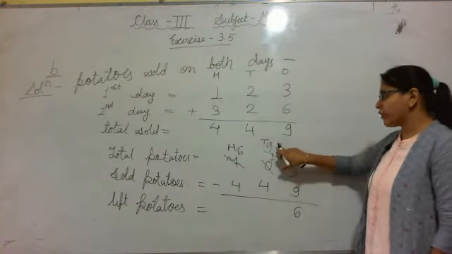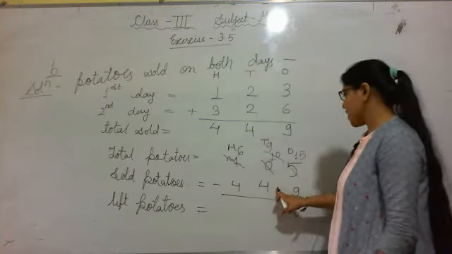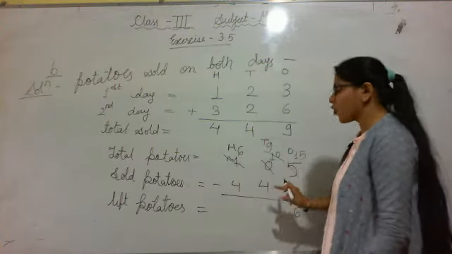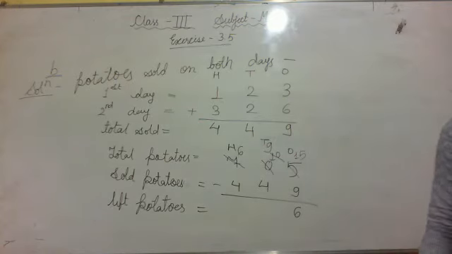Okay. Now moving towards tens column. 9 minus 4. All of you open 9 fingers. Now minus 4 is there, so close 4 fingers.